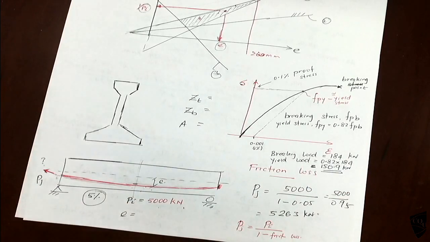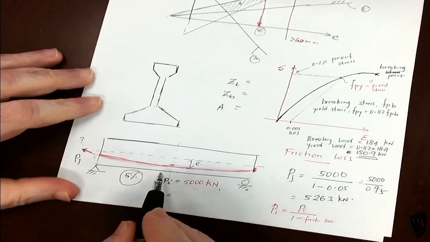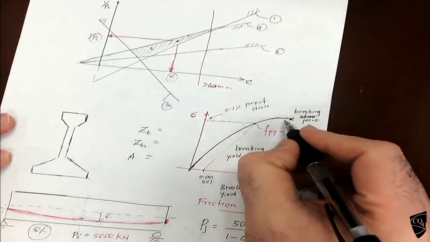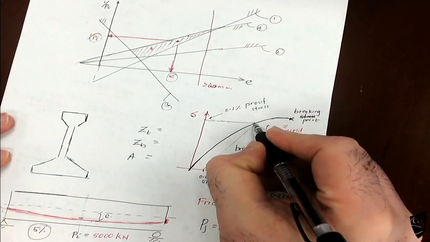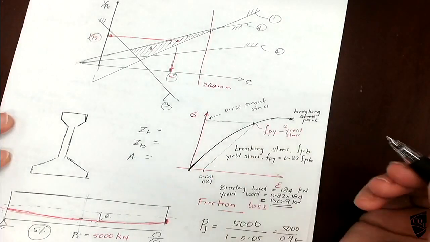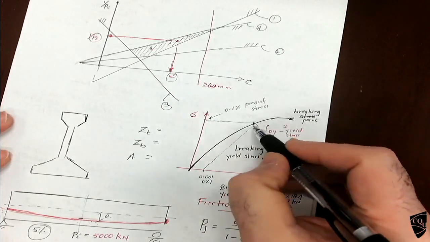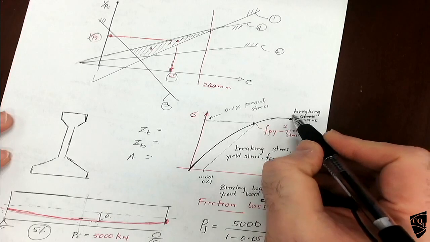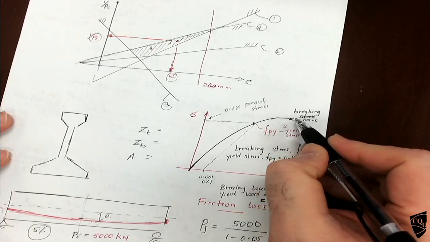So when you stretch the steel, you want to go up to here or somewhere here. Normally we don't want to go more than that. This is the yielding point. After that it is quite dangerous, it will fail. So we don't want to go near to this.